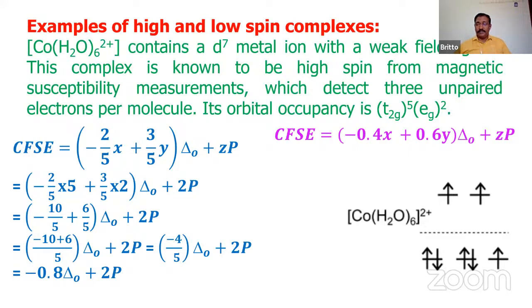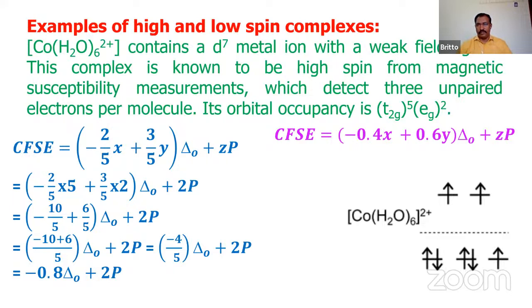In the spectrochemical series, you remember the ligands which have halide ions are weak. Oxygen, if it is the donor atom, generally they are weak. And if the donor atom is sulfur, they are weak. And what are the strong ligands? Ligands with donor atoms such as nitrogen, carbon, and phosphorus.